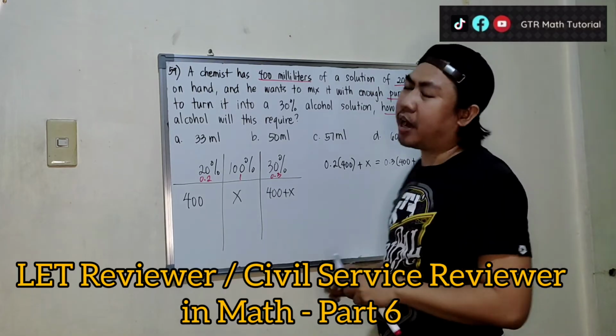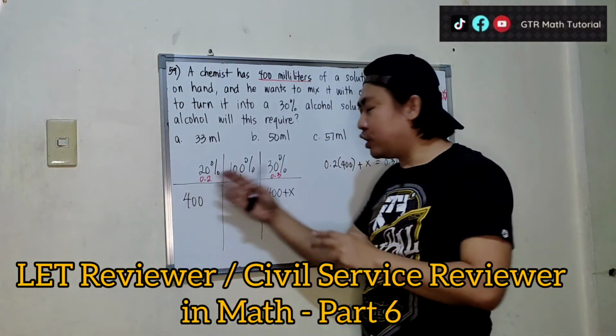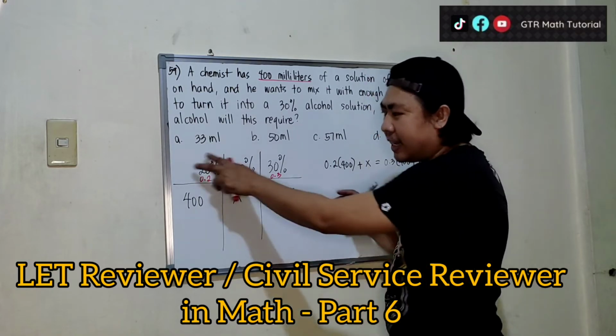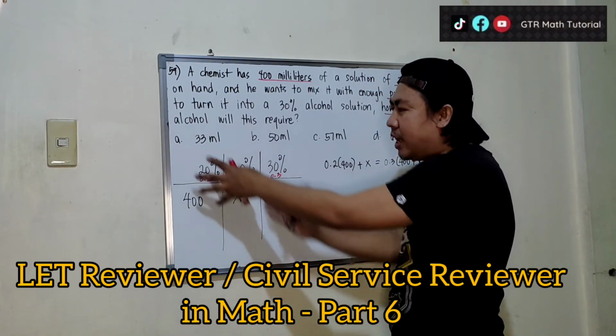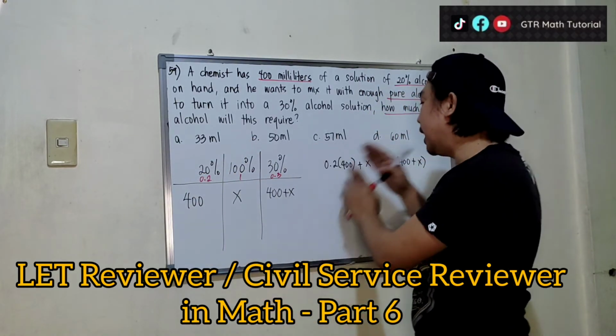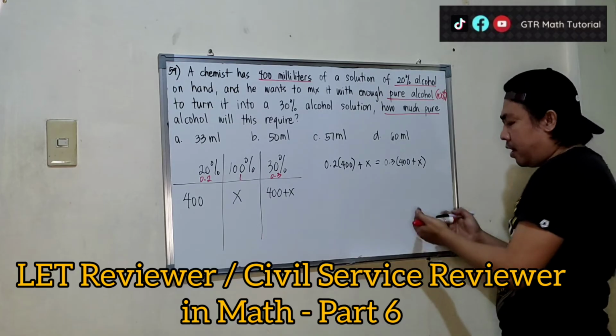Okay, so basta meron tayong mga mixture problem, ganito ang pagsosolve nun kapag paghahaluin natin. So pag paghahaluin, ganyan lang yun. I-partner nyo, and then add the products, equals dun sa combination. Then solve for x.